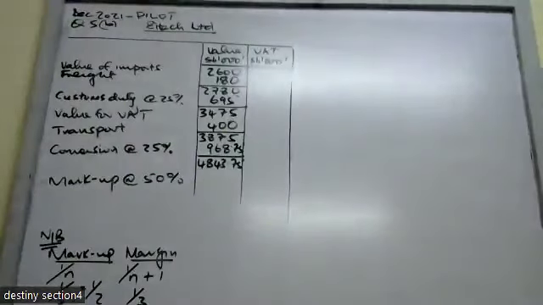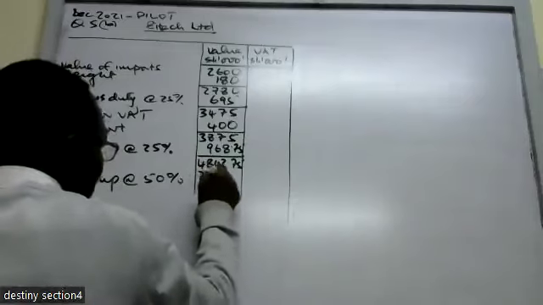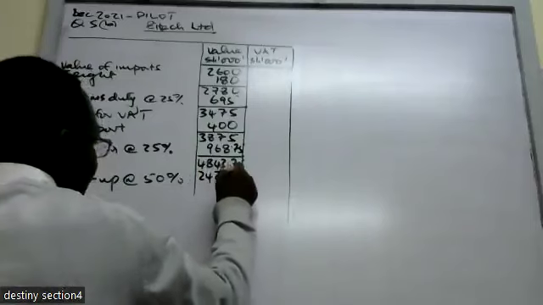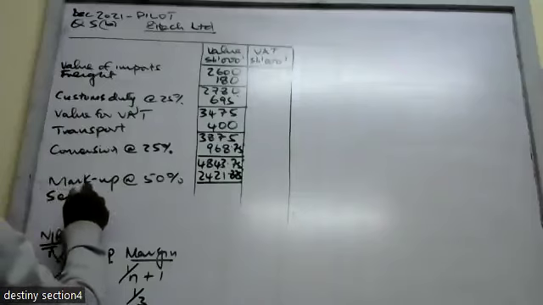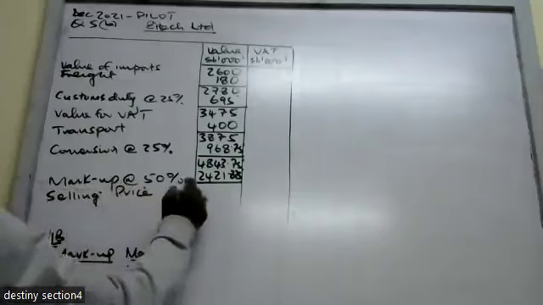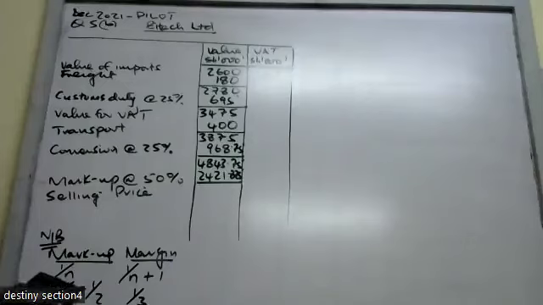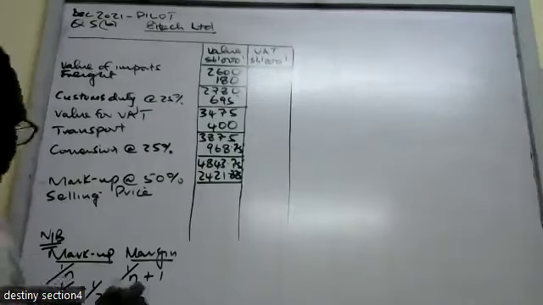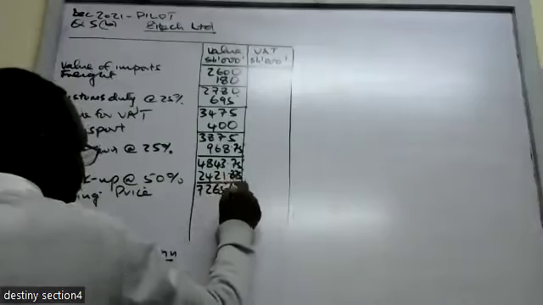So we add markup at 0.5. So 0.5 of the cost is 2,421.875. If you add that you get the selling price. So the selling price of the goods will be 7,265.625. That is the selling price.